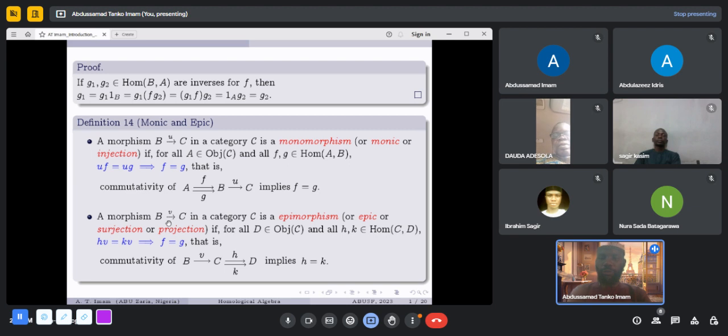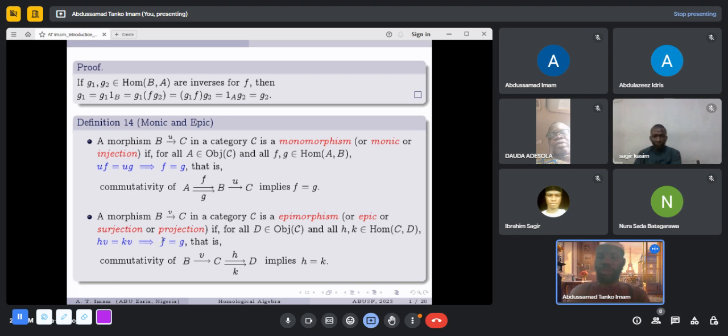And then a morphism in a category is an epimorphism, or epic, or surjection or projection. All these terminologies can be used: projection, epic, epimorphism, surjection. If for all objects in the category, with the source of the object being the target of V, you have this composite H after V equal to K after V to imply H equal to K. No, this is a typo, please.